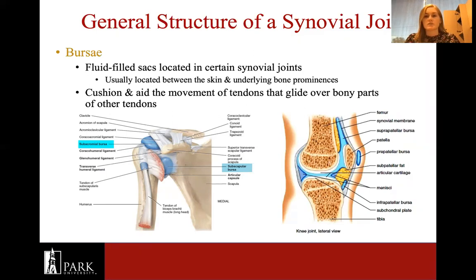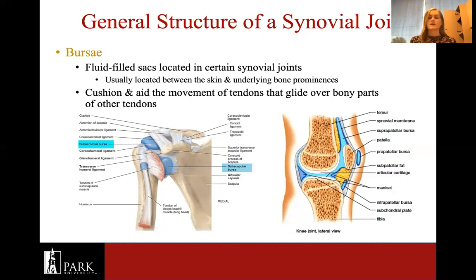Not all of our synovial membranes have them, only a select few do, like our shoulder joint, which is what you see in the left hand image, and our knee joint, which is what you see in the right hand image. These are usually located between the skin and bony parts of bones. So if this is your skin and this is your bone, your bursa are going to be right in between those two things.